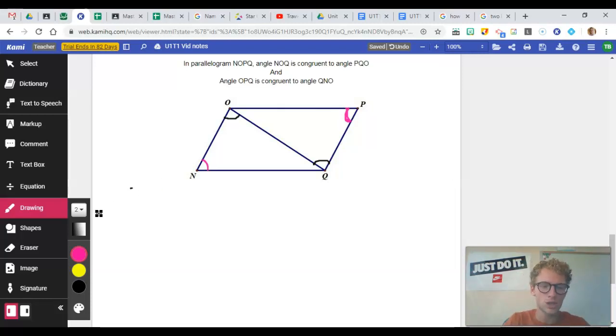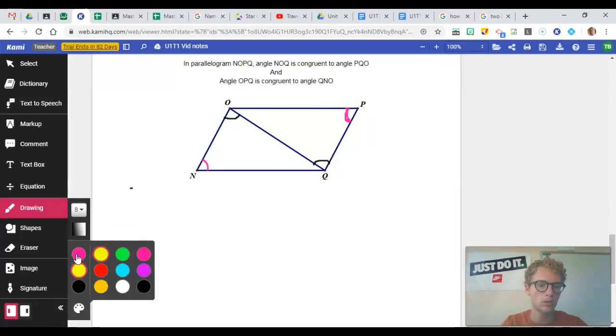A third way to show this would be to use our highlighter function here. So turn our transparency down, maybe, there it is, and the stroke thickness up. Okay, so I'm going to keep it the same color for these two angles here.